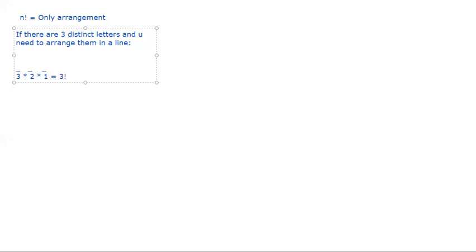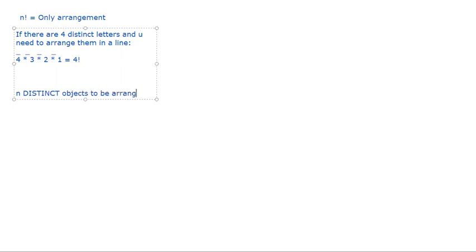If there were 4 objects and 4 places, you will have the 4th place also. So 4 times 3 times 2 times 1 becomes 4 factorial. So what does n factorial stand for? n distinct objects to be arranged in a line, that's n factorial.